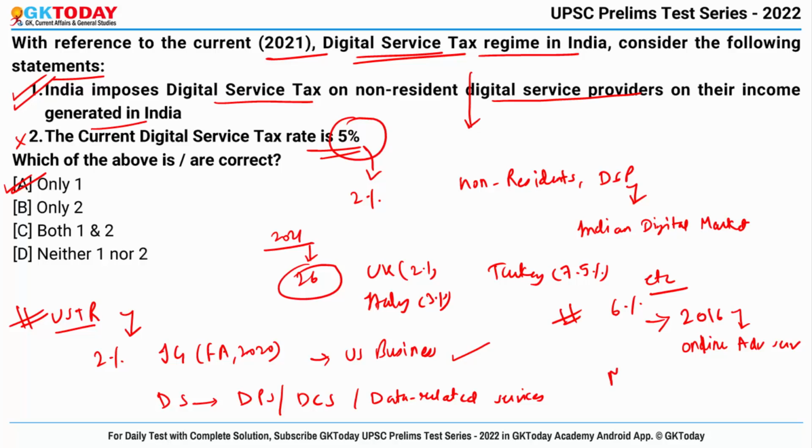So basically in March 2020, it expanded the scope of existing equalization levy to a range of digital services that include e-commerce platforms, and any payments by non-resident in connection with an Indian user will now attract a 2% charge.